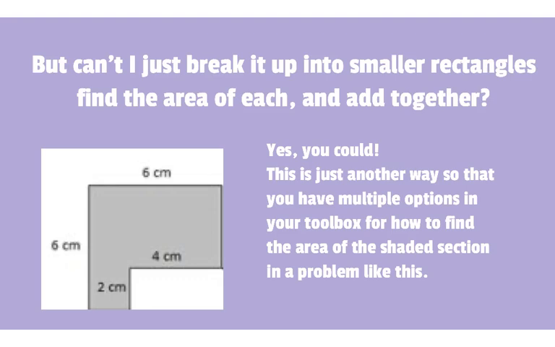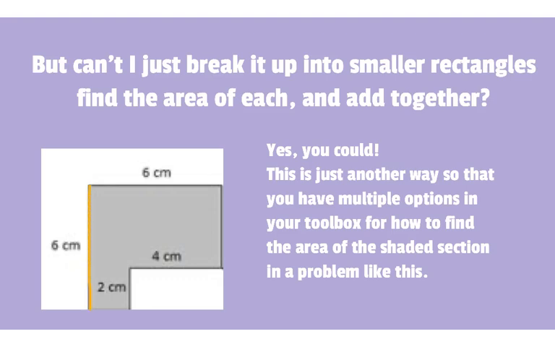You might be saying to yourself, wait a minute, we've seen shapes like this before, Ms. Paglarani. Can't we just break it up into smaller rectangles and find the area of each and add it together? Yeah, you could. This is just another way so that you have multiple options in your toolbox for how to find the area of a shaded section in a problem like this.